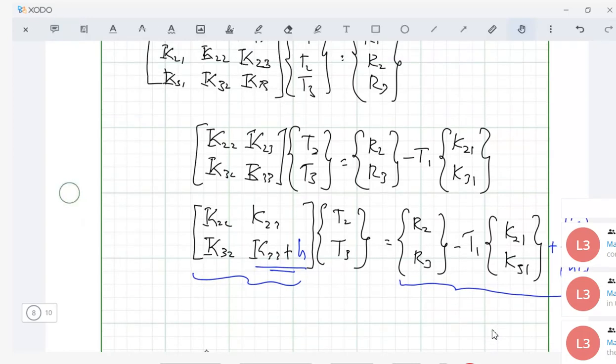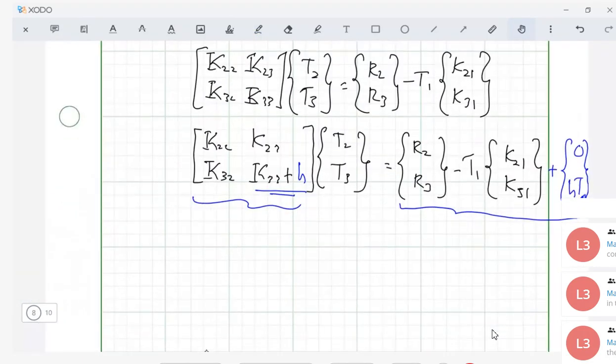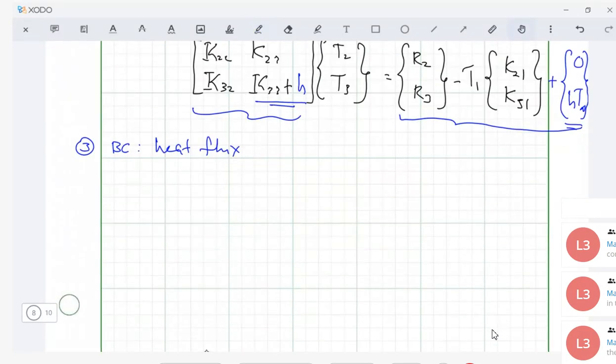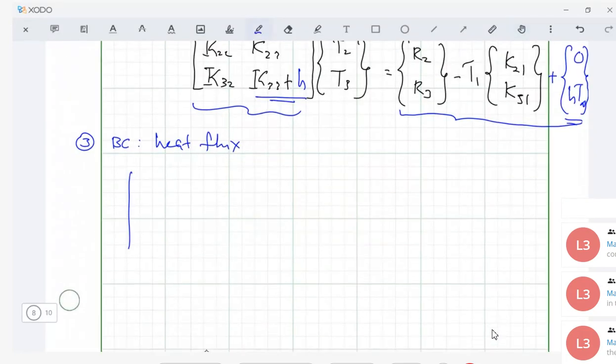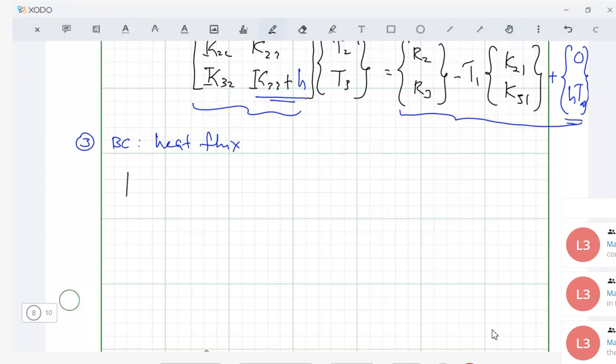So we have one more boundary condition. This is the first type, this is the second type, and the last type is similar to what we call your point load. In this case, this is what we call the heat flux. I'm running out of time, I'm sorry, I have to go very quickly here.